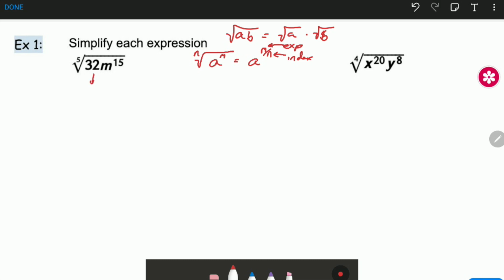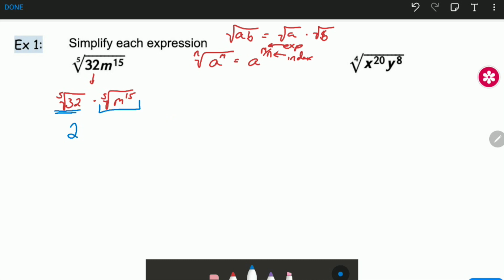So we're going to go ahead and separate things. We don't have to break things down farther, but we're going to be doing the fifth root of 32 times the fifth root of m to the 15th. The fifth root of 32 is just 2. You can use the reference chart as assistance.